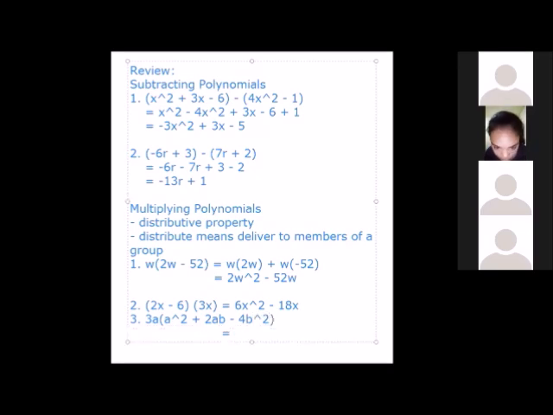Maybe we can have the first term first. 3a times a squared is equal to? 3a squared. Yes, 3a times a squared. 3a cubed, ma'am. Yes, 3a cubed.